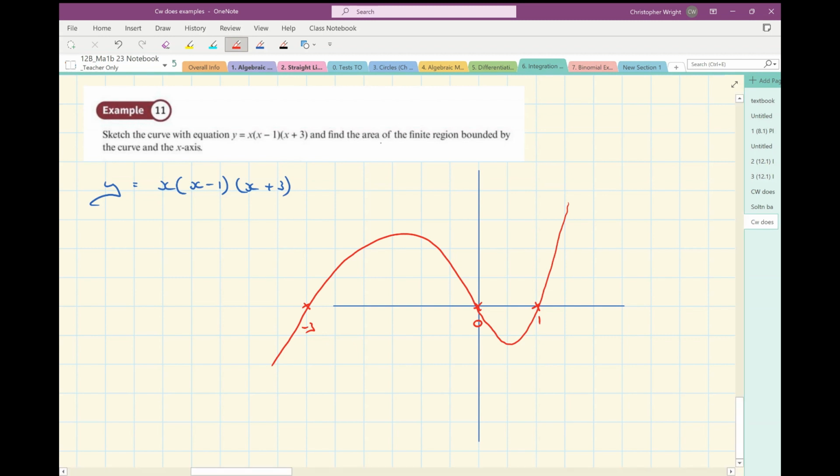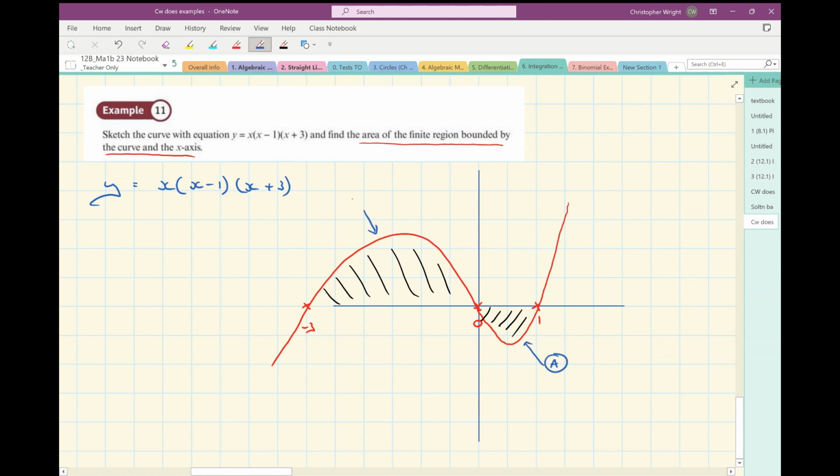I'm being asked to find the area of the finite region bounded by the curve and the x-axis. So I'm being asked to find this region here, the area of that region, and also the area of that region. Now I need to be slightly careful because when I evaluate my definite integrals, I know that this area here, which I'll call region A, is going to end up as a negative answer.